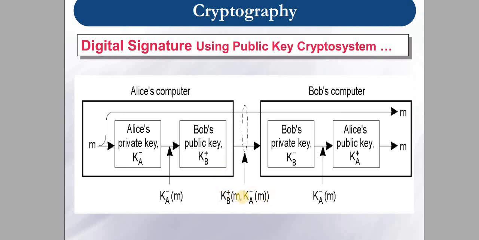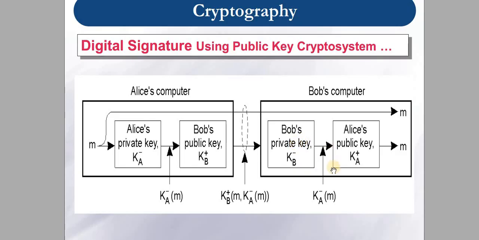When this message reaches Bob's computer, he decrypts it using his private key, because it was encrypted using his public key. He should be able to decrypt it using his matching private key.